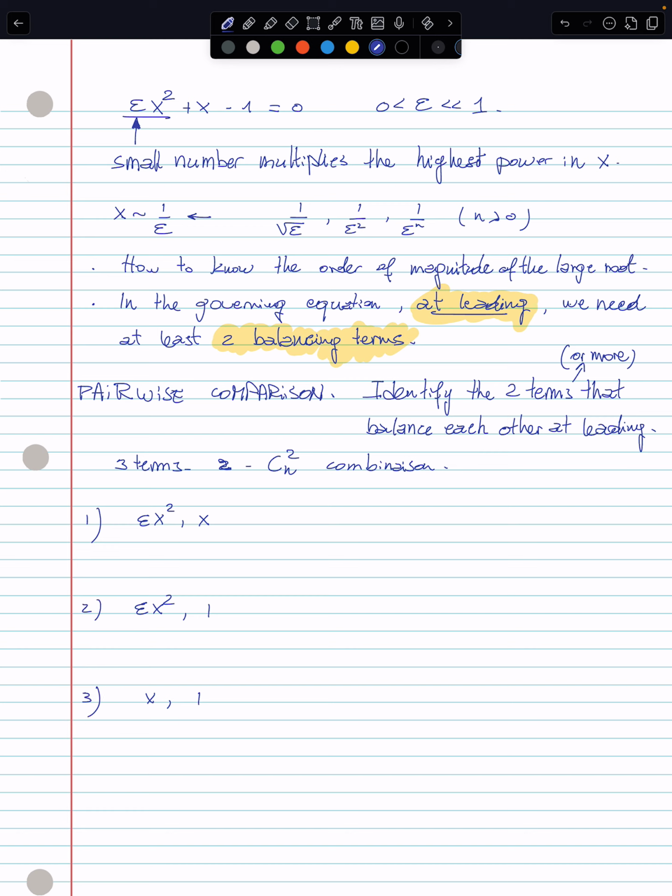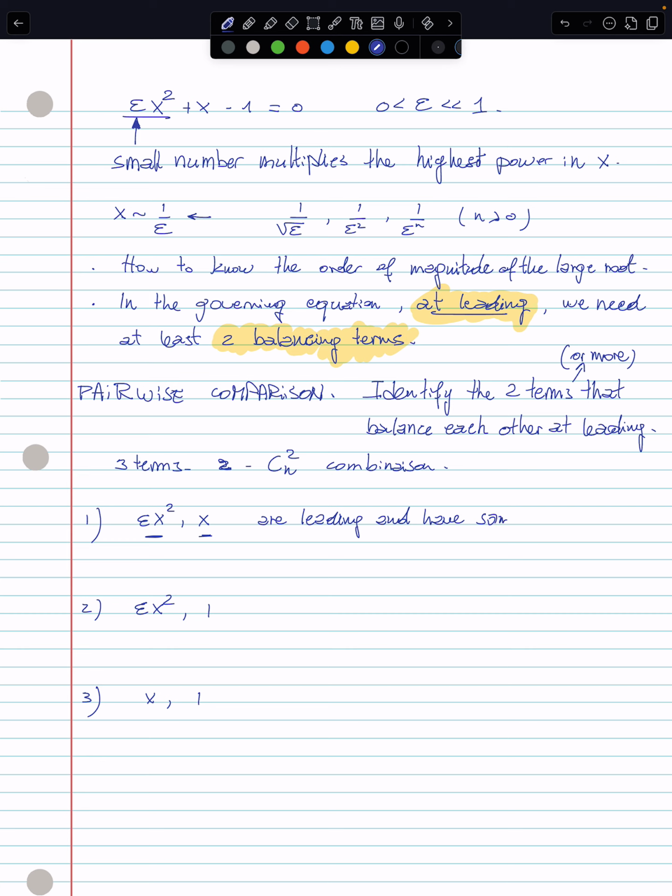I just use a 2 by 2 or pairwise comparison. And I said, okay, let's assume these two terms, epsilon x squared and x, are leading and have the same order of magnitude.